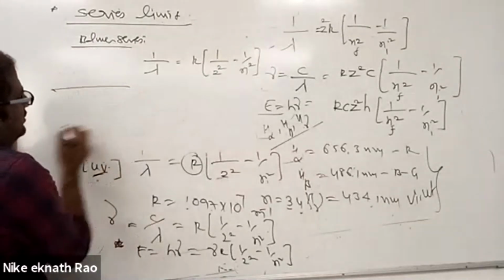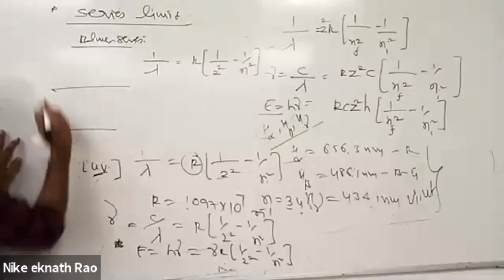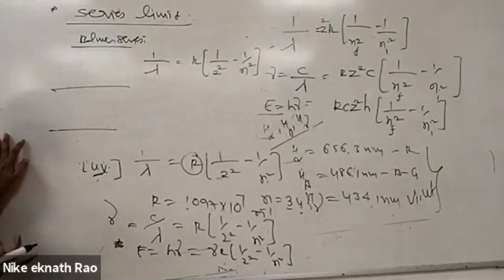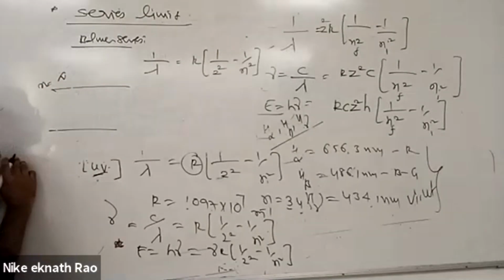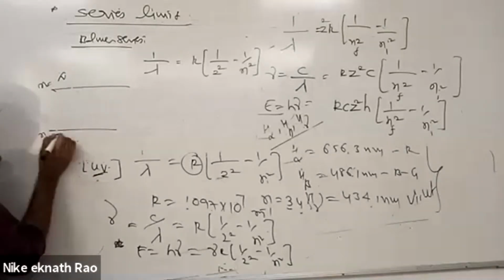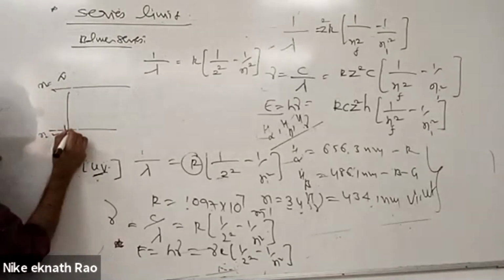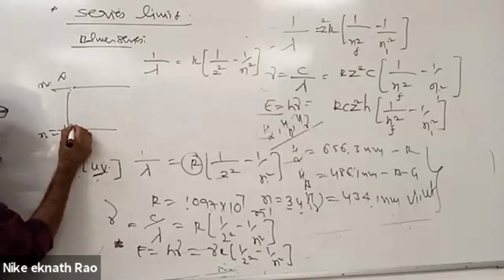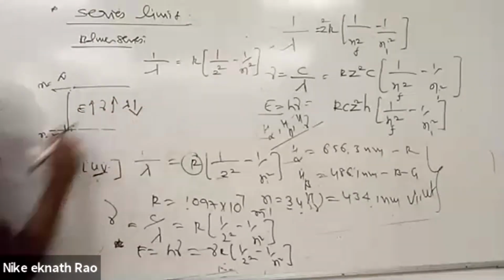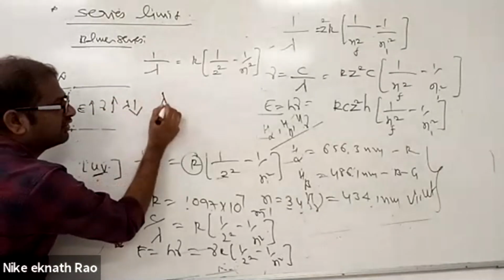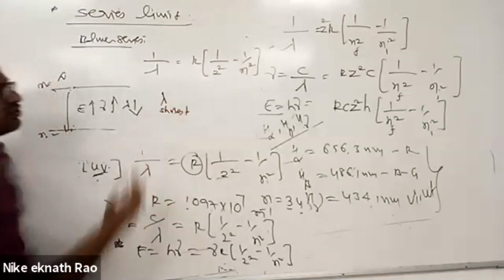As the gap is increasing, energy difference also increases. When the energy gap is large, frequency is large. When frequency is large, wavelength is small. So shortest wavelength.